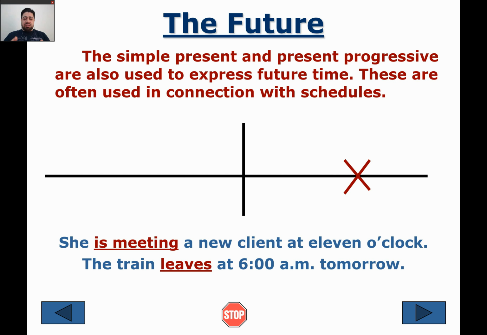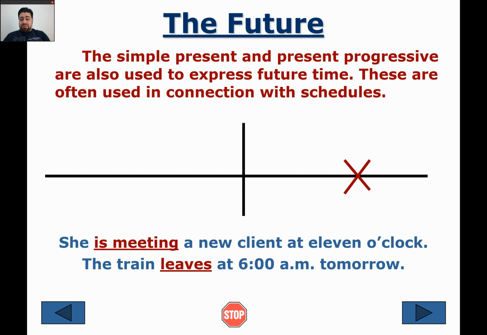If I say something like, look at the second example, please, the train leaves at 6 a.m. tomorrow. That means there is a schedule here. This word is very important in this situation. So if I have certain schedules set or meetings, I use these two scenarios.